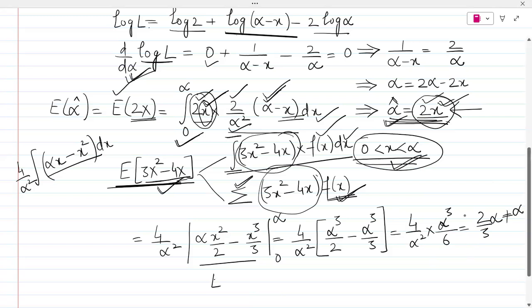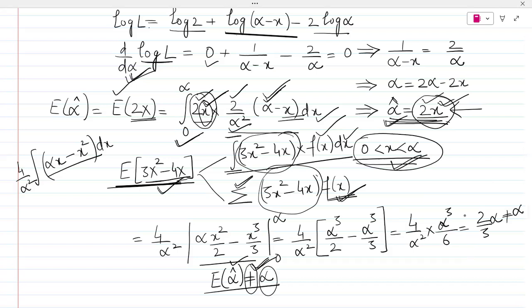This means the expected value of this alpha cap is not equal to alpha. So this proves that this alpha cap, the estimated value of alpha, 2x, is not an unbiased estimator for alpha.